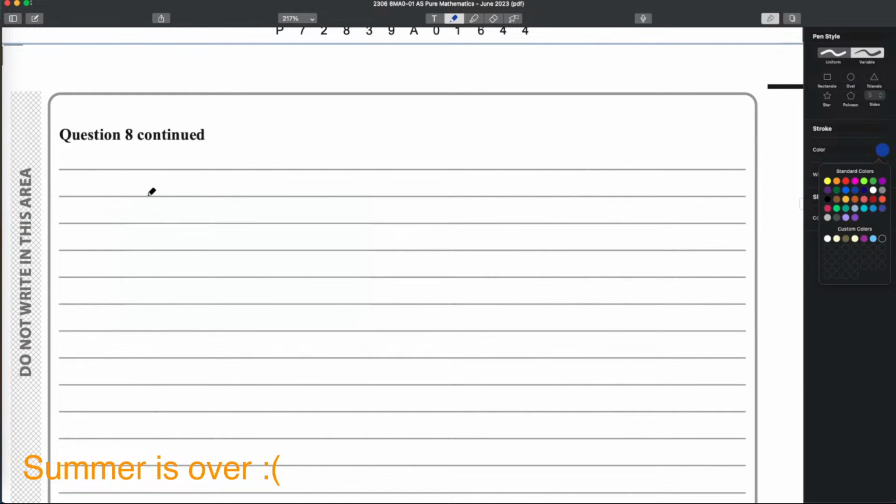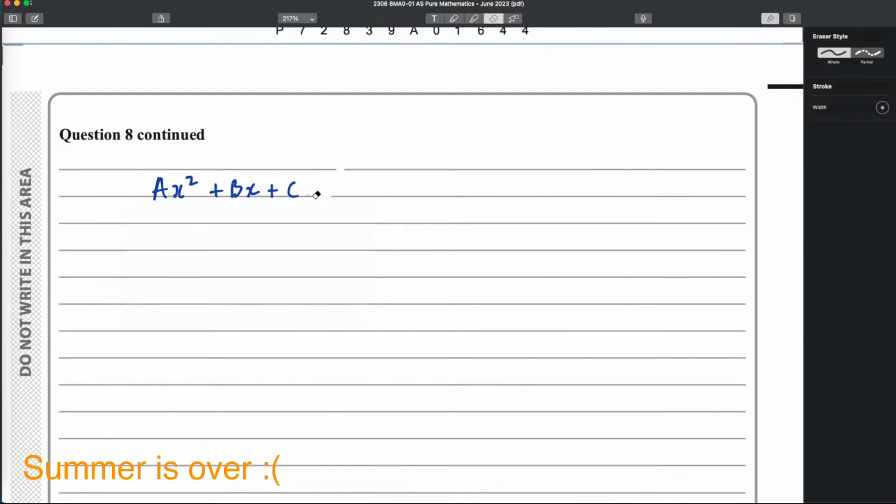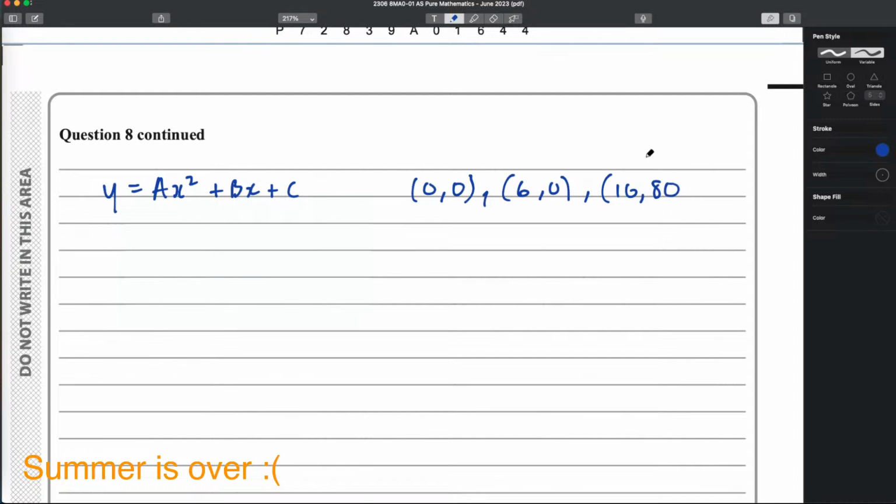Okay, so the way I'm going to do this is we want to look for a quadratic that has a general form like so. Now we have the points (0, 0), (6, 0), and (10, 80).